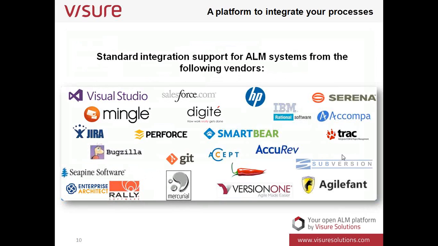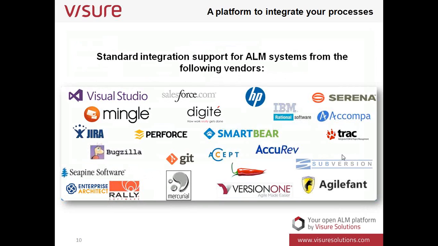For example, the IBM Rational tools to a wide extent, also HP Quality Center or ALM, JIRA, Subversion, Bugzilla, and so forth. So there is quite a huge set up and running and fully available as of now.